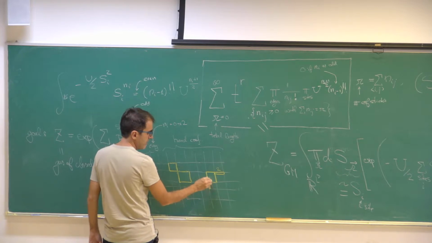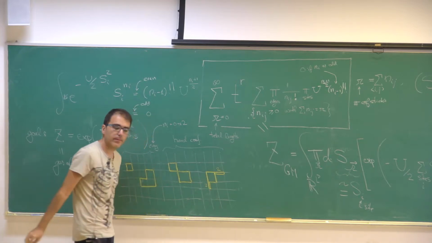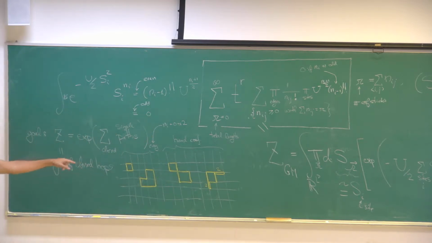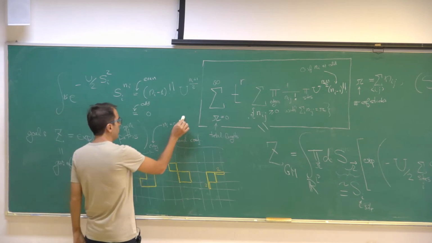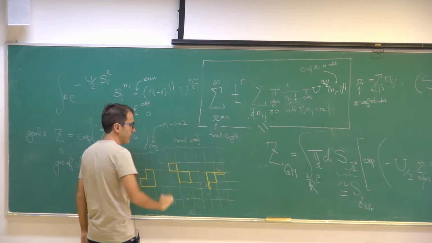Here Ni is also equal to 4. 1, 2, 3, 4. But in these previous examples, in these easy ones, either I have nothing or I have something passing by, and if something passes by, it means Ni is equal to 2, because 2 neighboring Nij's are 1, and that's it. Okay. So those would be the simplest ones.